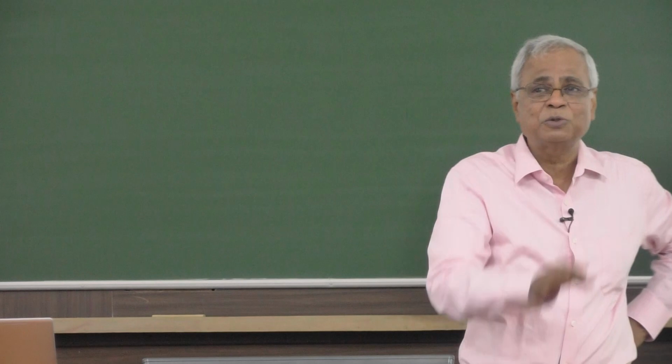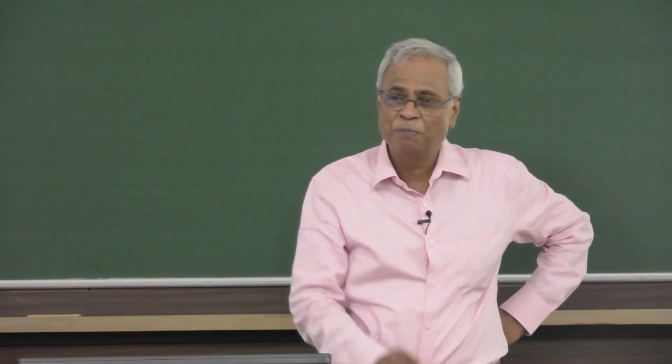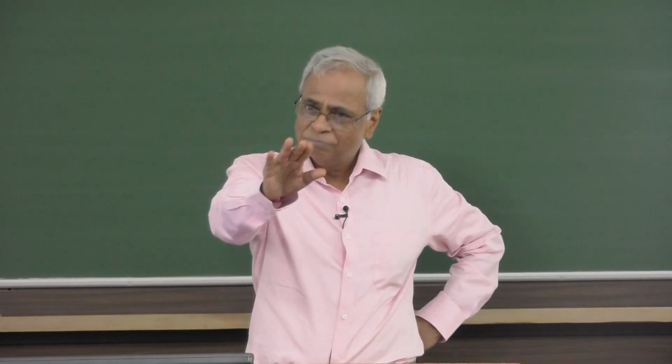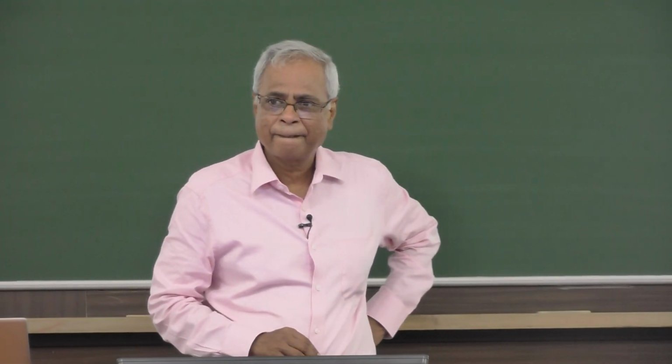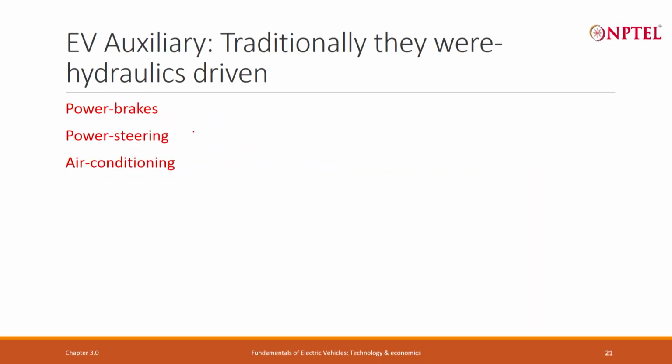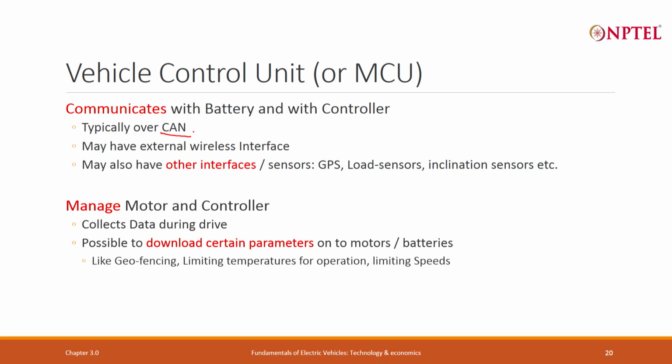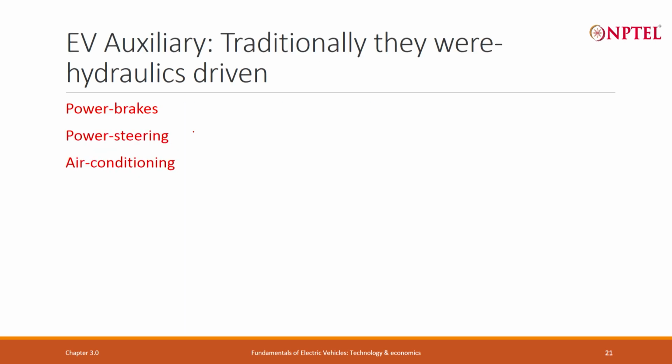Do not allow the speed to go above a certain speed. You measure the speed, and if it is going too fast, slow down the motor. These are things that are mostly done by the VCU or MCU. So, in real sense it does not control, it acts as a data communication platform.